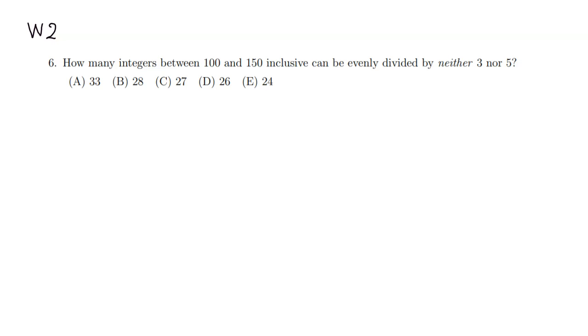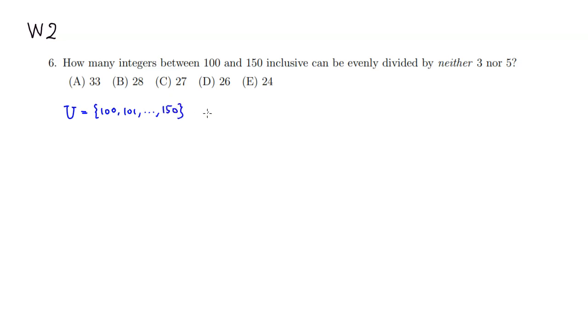Let's see, I'm going to use U to be the set of all numbers between 100 and 150. So it's going to be 100, 101, and so on, and 150. Right?